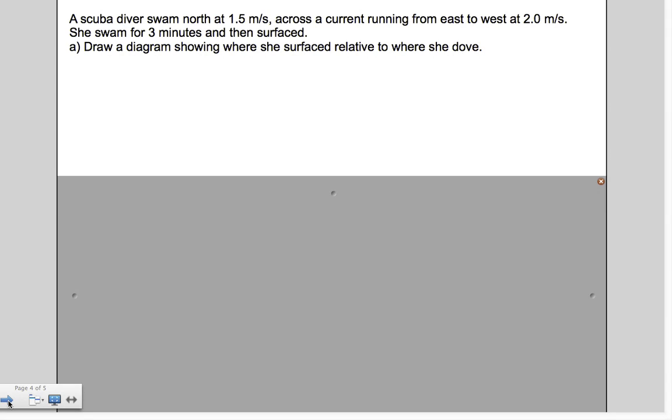So here's another question that tends to get confusing. We have a scuba diver swimming north at 1.5 meters per second, but she's swimming across a current running east to west at 2.0 meters per second.